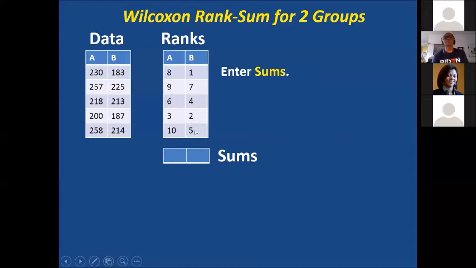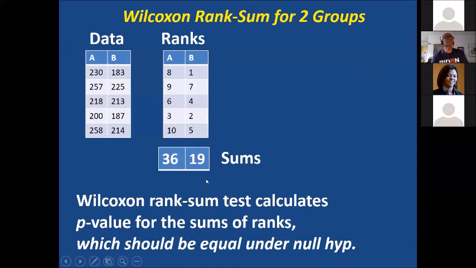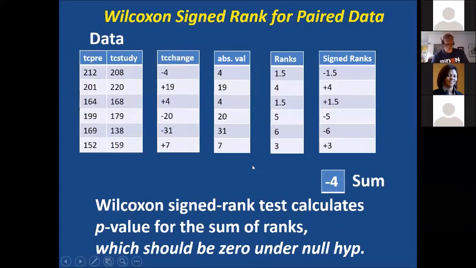There's no reason for the sums to be different if the groups are not different. So you can now say, could 36 and 19 have happened by chance? That's what the Wilcoxon rank sum does. It calculates a p-value for the sums of the ranks, which should be equal for equal size groups under the null hypothesis.